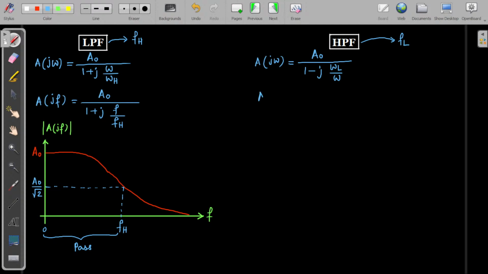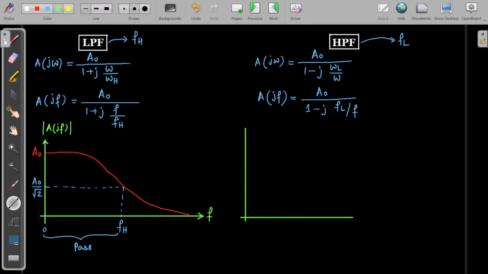Similarly, we can write this gain equation in terms of linear frequency f. That will be equal to A0 divided by 1 minus j into fL divided by f. Similarly, let us draw the frequency response of the high pass filter.